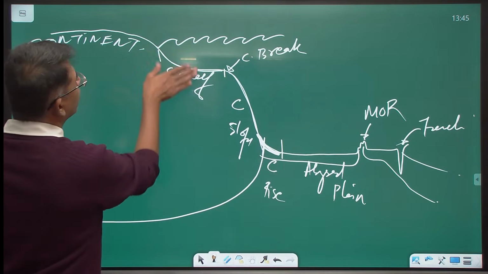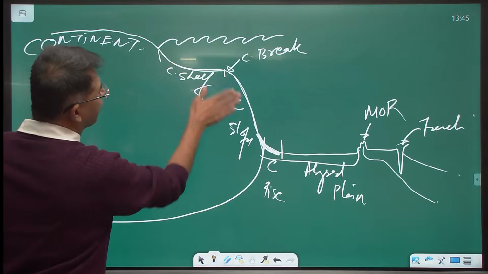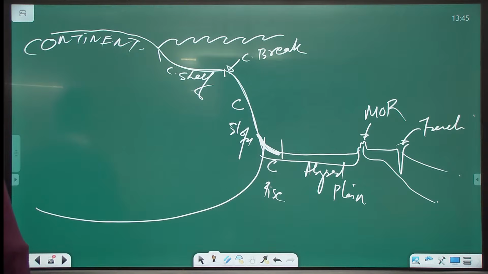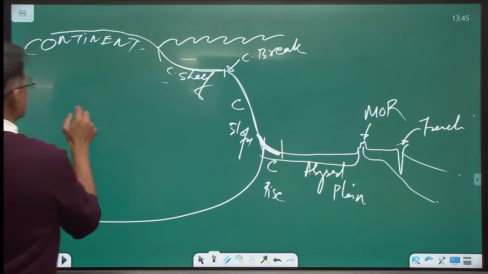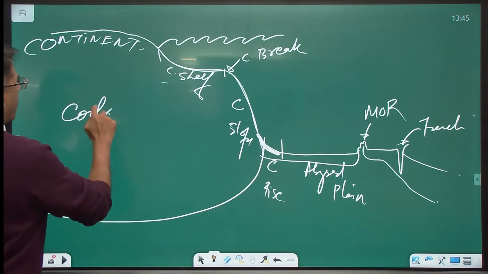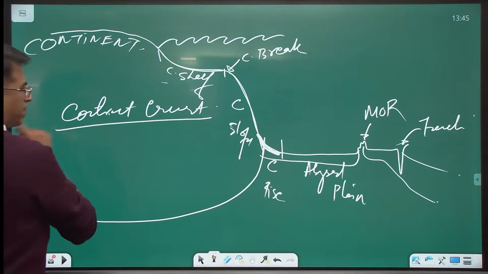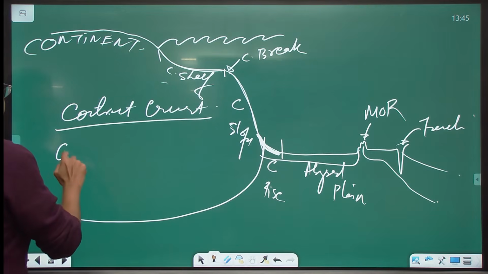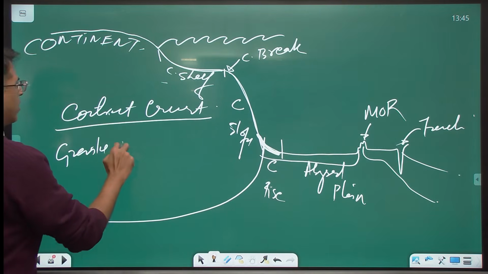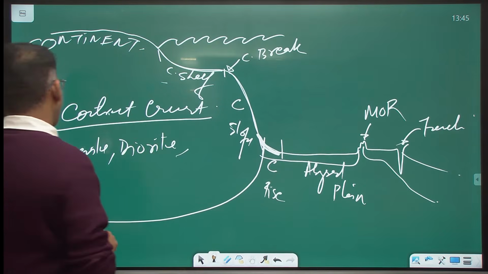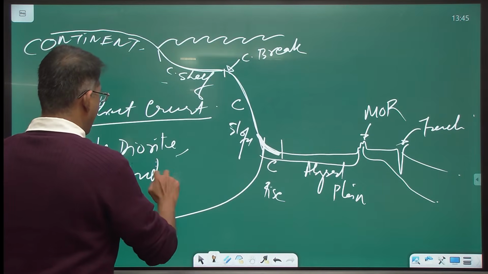So, although it is part of the ocean floor, it is not ocean rocks. Okay. This is continental crust, granite, diorite, andesite.